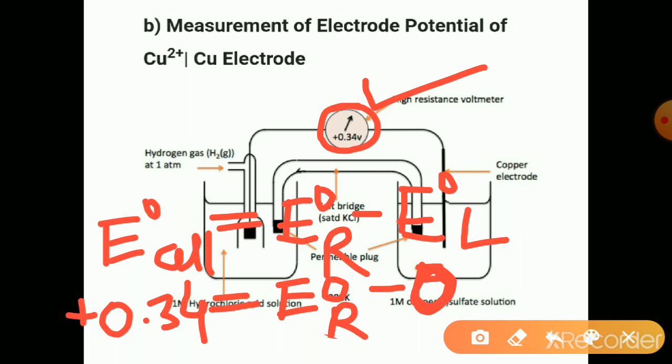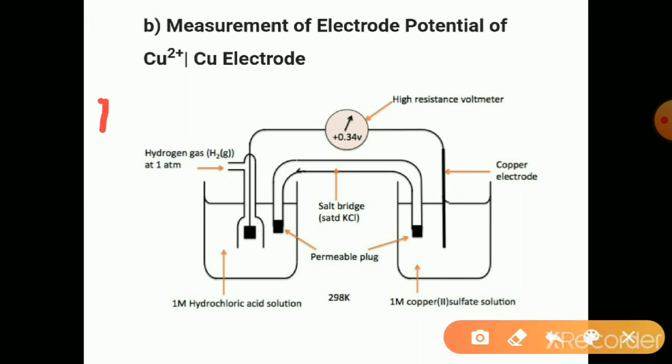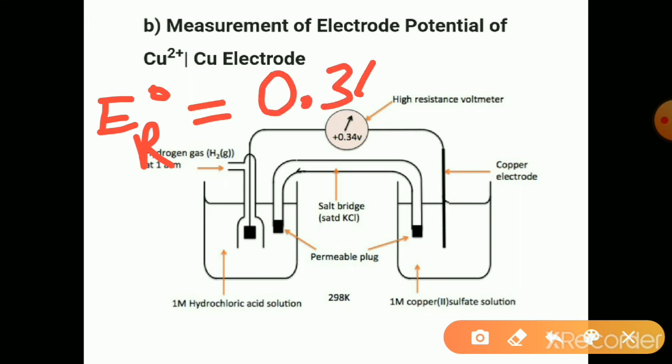When we solve this, we get E naught of the right is equal to plus 0.34 volt. So E naught of right, that is copper electrode, is equal to plus 0.34 volt. So this is the potential of the copper.